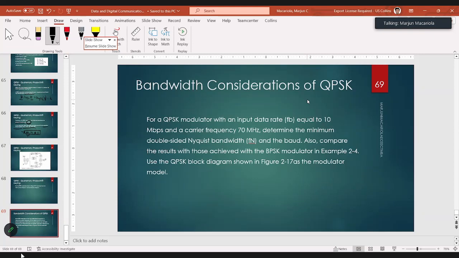Total na-solve naman natin yung BPSK last time, di ba? So, tinatanong lang dyan, also compare the results with those achieved with the BPSK. So, no need. What we're going to do is to find the bandwidth and the baud for the QPSK modulator. So, picturean nyo lang yung tanong or take a screenshot of it. Then, isolve natin.